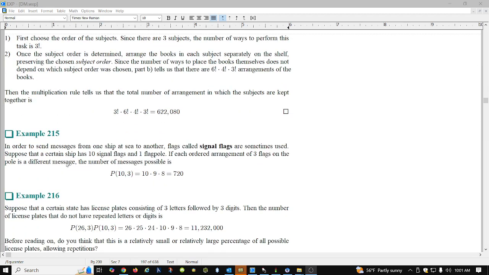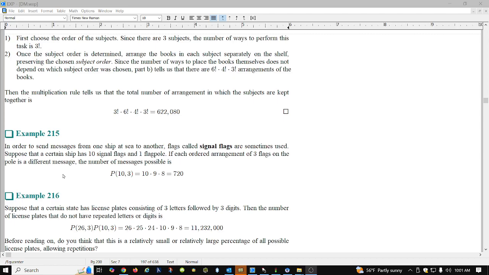Next example. This is a much simpler one. In order to send messages from one ship at sea to another, flags called signal flags are sometimes used. You can see this in the movies where they run up these little triangular flags on a flagpole. I think usually there's 3 of them.